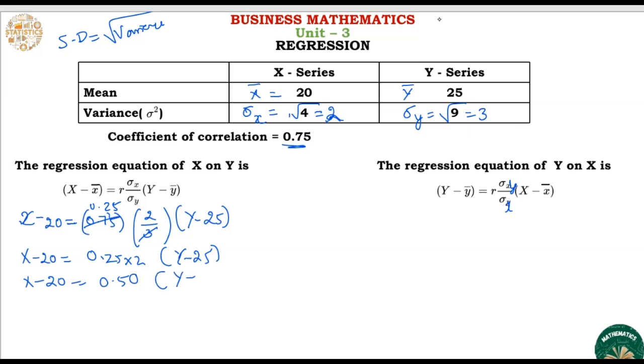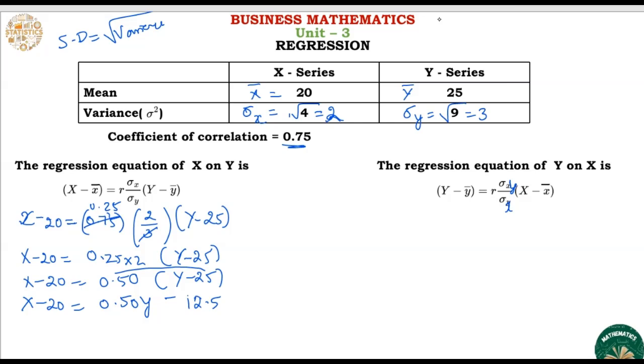into y minus 25. So now if you remove the bracket, x minus 20 as it is, 0.50 into y is 0.50y minus 25 into 0.50, which will be 12.5.